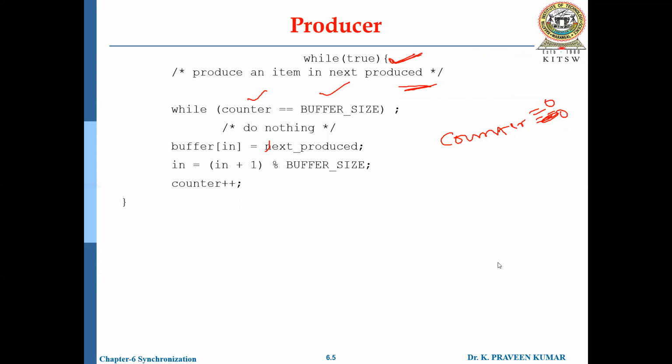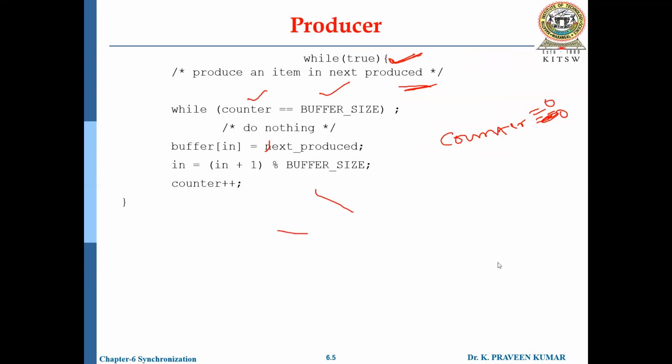So if the counter is equal to buffer size, and initially the counter is 0, when it reaches the buffer size, then you should not do anything. That means it should not produce anything else. If counter is less than buffer size, then what you have to do? Buffer of in.